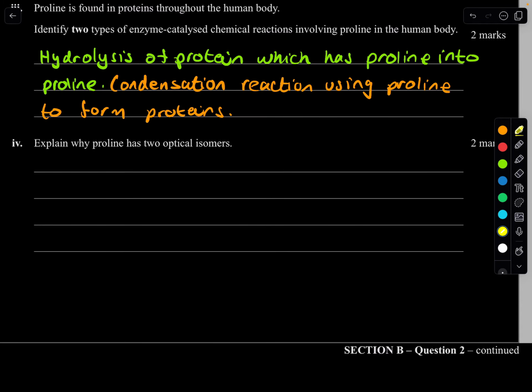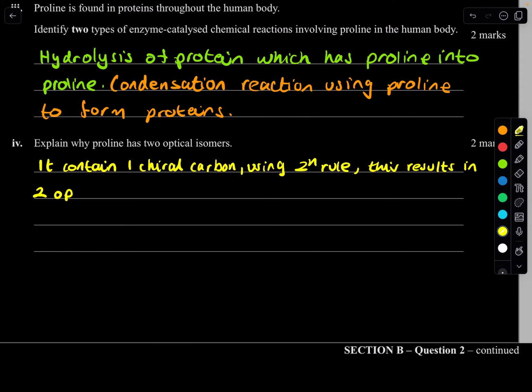So we can say it contains 1 chiral carbon, and using the 2 to the power n rule, this results in 2 optical isomers.